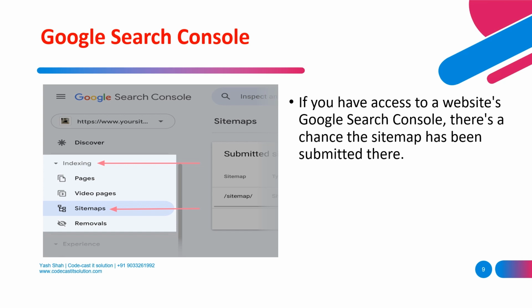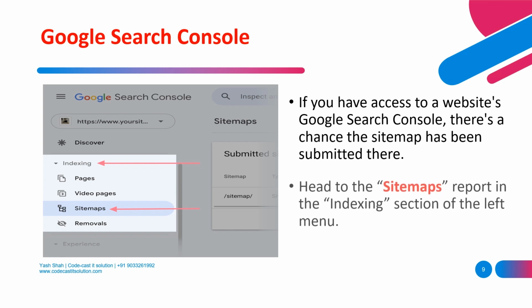If you have access to a website's Google Search Console, there's a chance the sitemap has been submitted there. Head to the Sitemaps report in the Indexing section of the left menu.